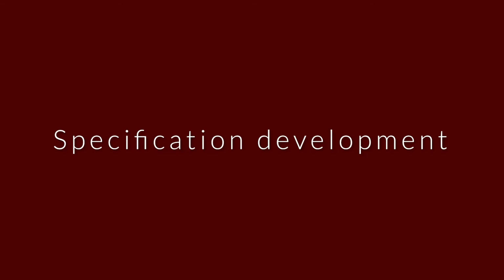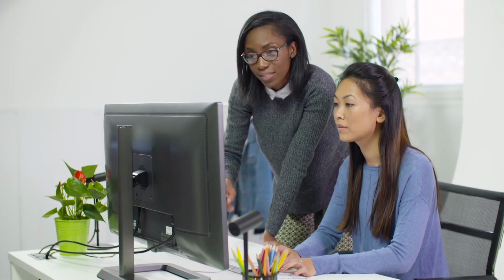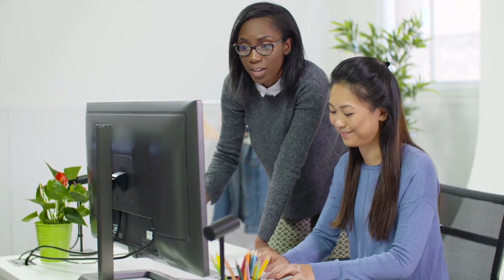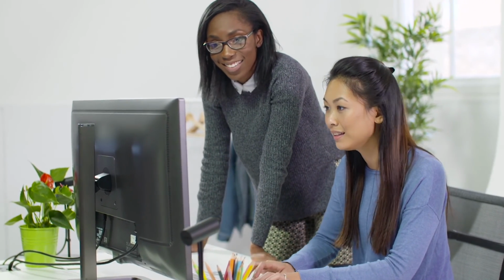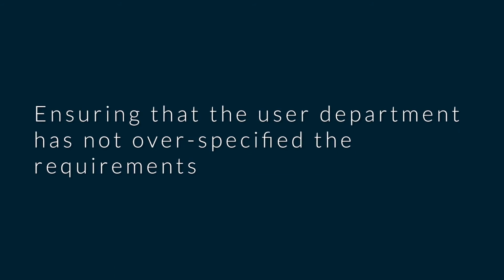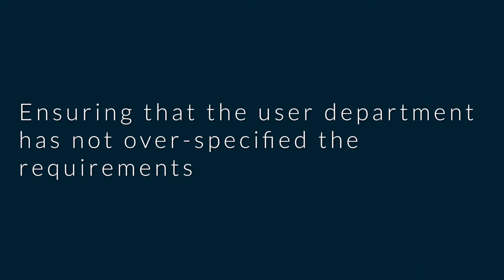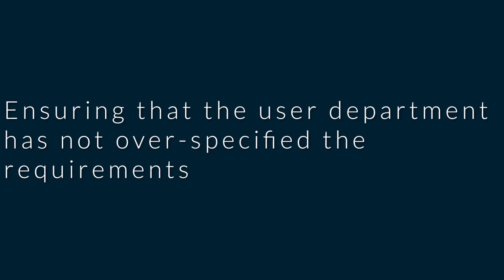And the other thing here is specification development. So by working with the user department and internal stakeholders, specification development is a good way procurement can use to manage the cost of inputs. And if they're doing these, some of the elements that the procurement will have to consider will include things like ensuring that the user department has not over-specified the requirements, okay?